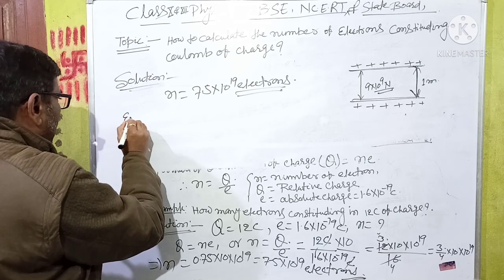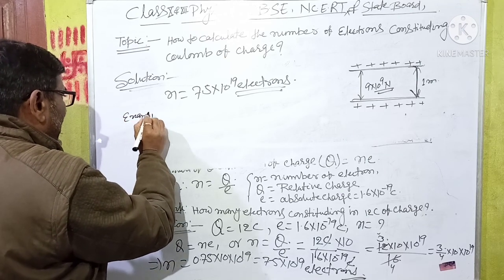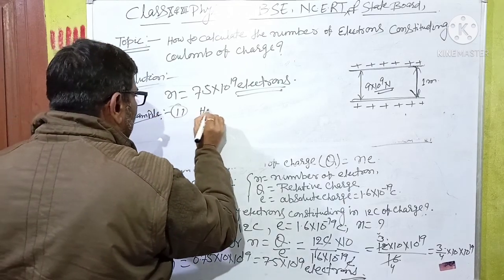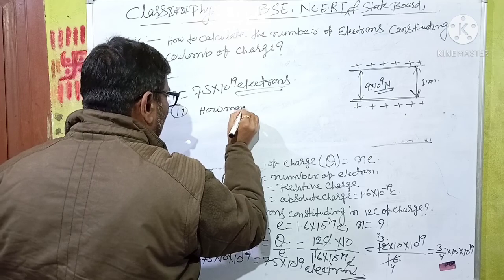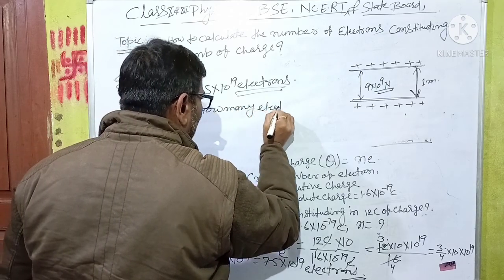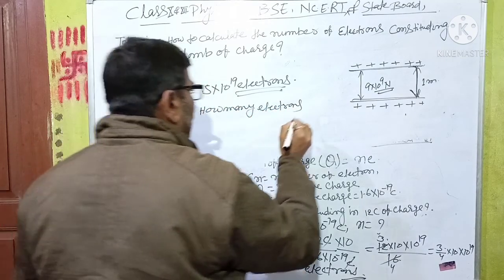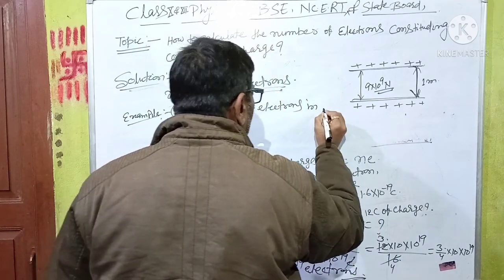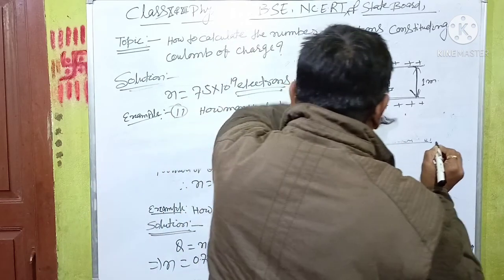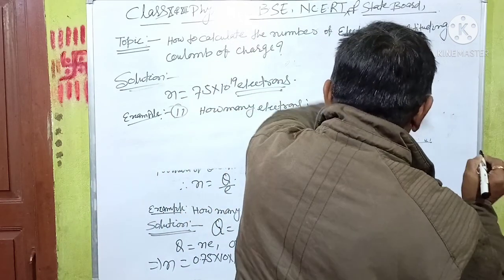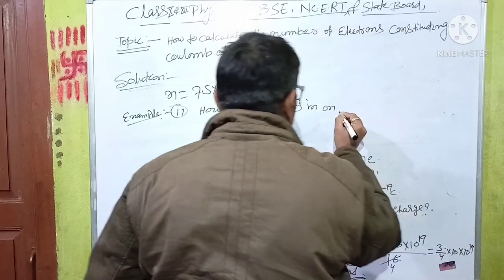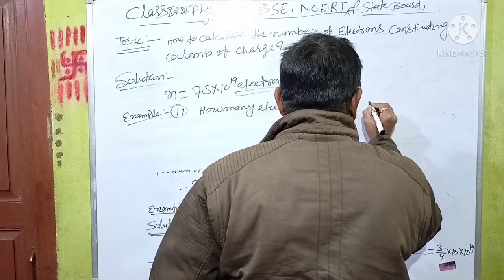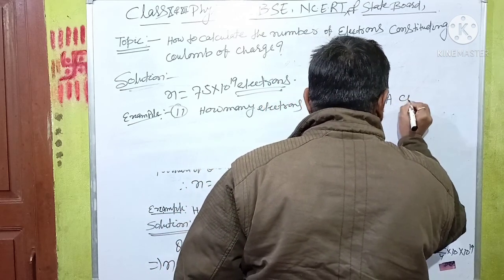Second question, example second. How many electrons are in 1 milliampere of current?